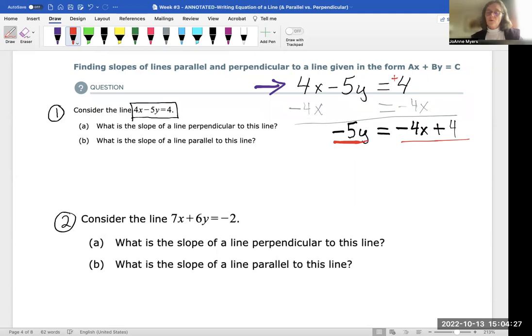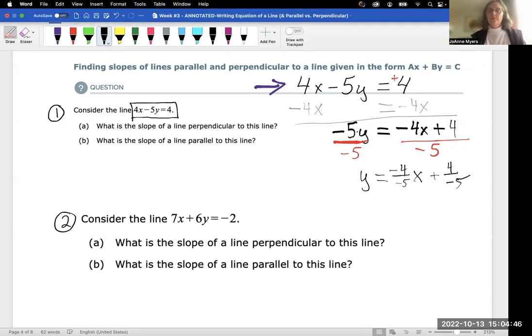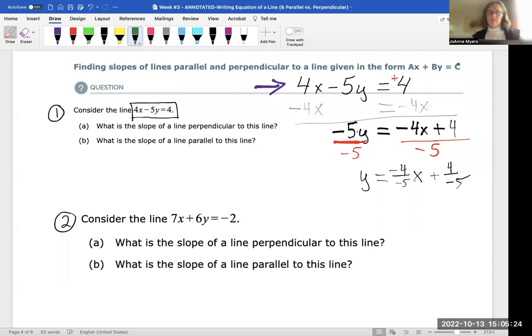Now what's blocking my goal from keeping y by itself is this -5. It's multiplication, so I choose to divide both sides by the same thing. So now I have -4 divided by -5 plus a 4 divided by -5. And my iPad froze. All right. So negative divided by negative is positive.